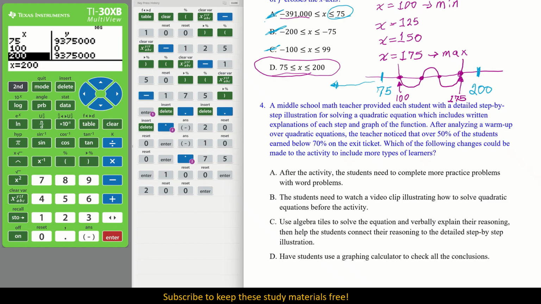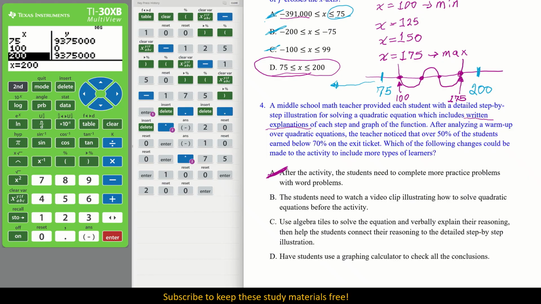After the activity, students need to complete more practice problems with word problems. No. Word problems, that implies more reading, and they already have that with their written explanations. So that just has students doing more things that they don't understand on their own. It's just adding more fuel to the fire, per se. So that's not a good one.